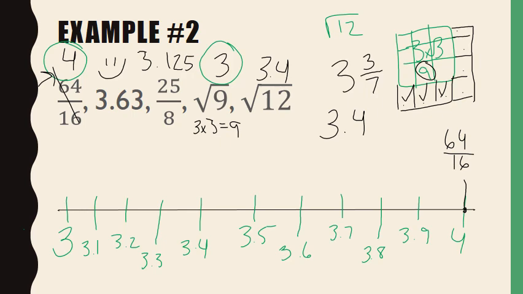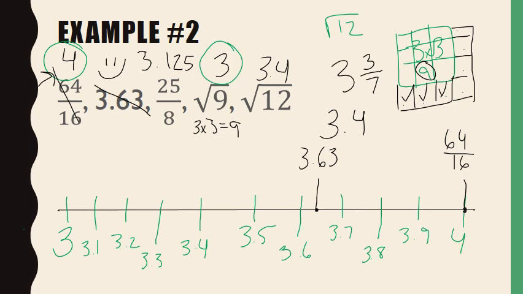So I'm going to put a point a little bit bigger than 3.6. And I'm going to label it 3.63. So we're done with that one.